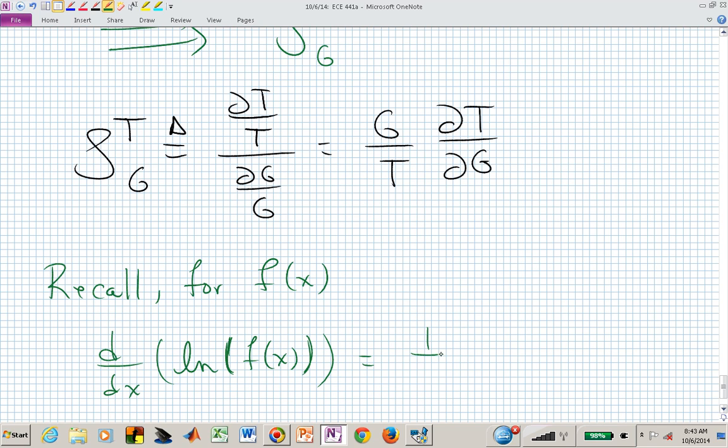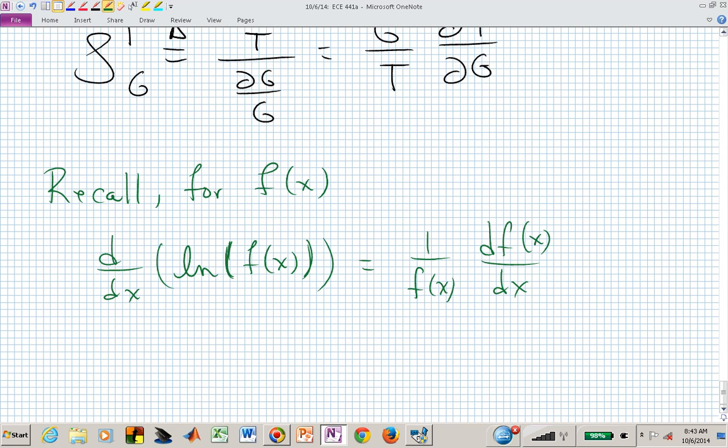We have 1 over f of x times df dx. Meaning, if we now use that in our sensitivity expression, we can also write S sup T sub G is the partial of ln of T over the partial of ln of G. And because of the ln, we now have the G over T coming out immediately out in front.